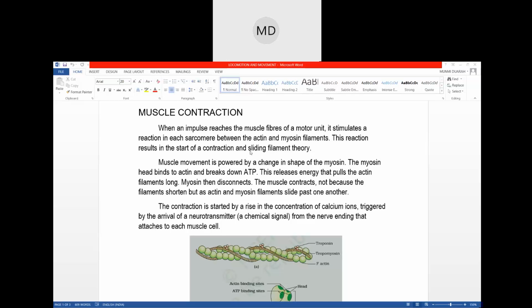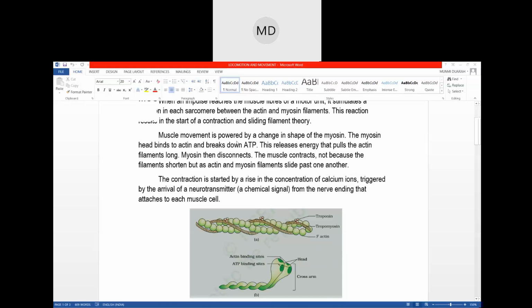Basically this is the bookish definition. If we try to explain it, sliding filament theory is the contraction of muscles and of the muscle fibers, which results in muscle movement.